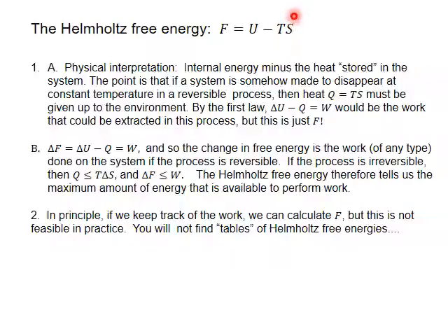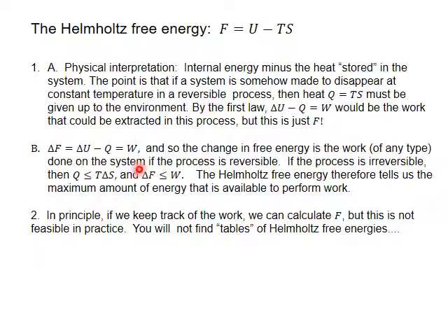Maybe even more entropy would have to be created, but at least this much heating would have to be given up, which tells me that if I want to extract work from my system, I would have to, as a starting point, take this amount of heating and subtract it from U. Right? So the Helmholtz free energy tells us essentially the maximum amount of work that is available in our system. Right? And that's the origin of the name, the amount of energy that's free to perform work.